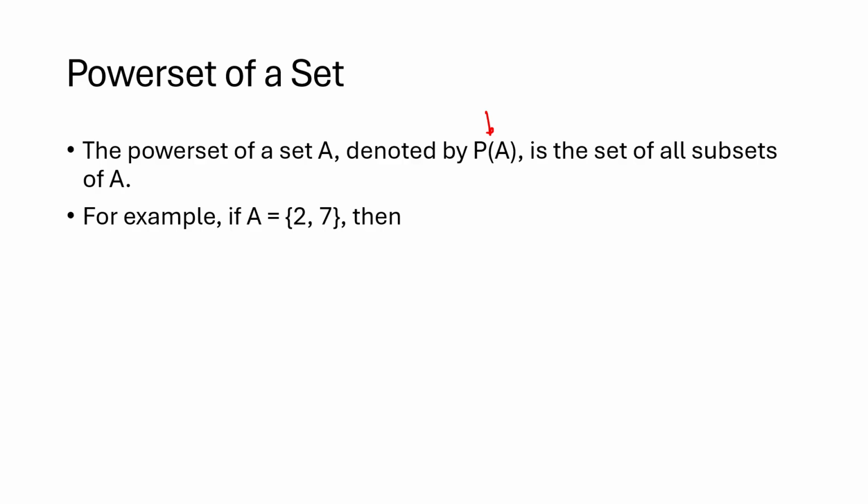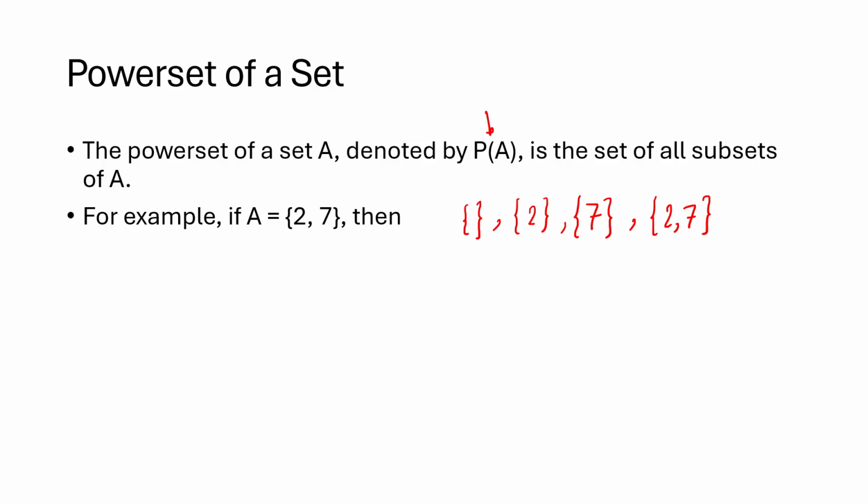So we start with listing all the subsets of A. So remember, empty is the subset of any set, so we start with empty. Then we go to subsets of A that have only one element. So 2 is a subset of A, and also 7 is a subset of A. And finally, we can have a subset of A that contains both 2 and 7.